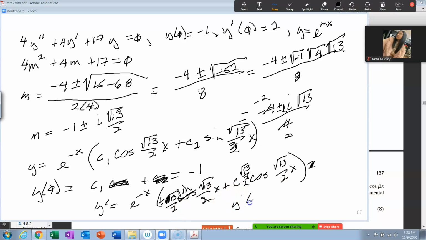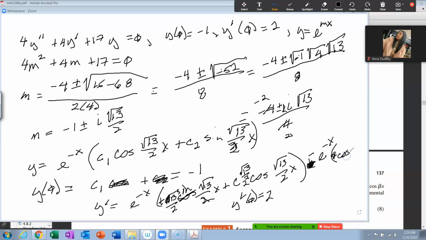So y prime at 0 is equal to 2. So let's plug in a 0 there. Oh, I'm sorry, I forgot to do the second half of the product rule. Plus the derivative of the first, which will now be minus e to the minus x times the second, which is c1. Well, we already know that to be a minus 1.